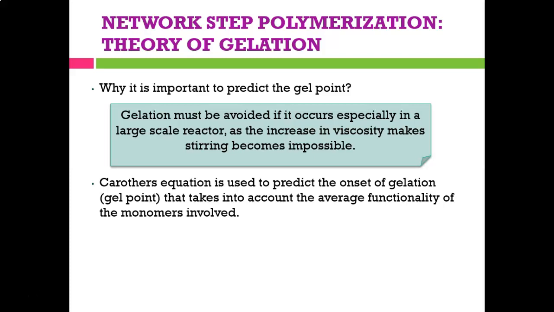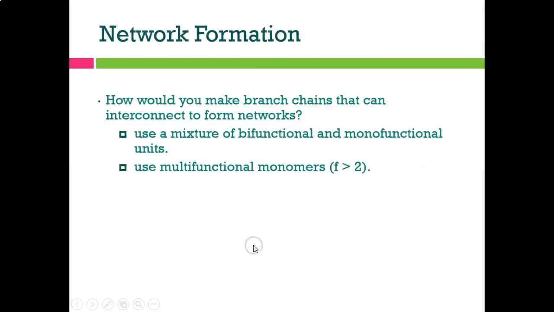As the viscosity increases, it will make the stirring impossible. And the Carothers equation we use to predict the onset of gelation, which is the gel point, takes into account the average functionality of the monomers involved. Okay, for the network formation, how would you make a branched chain that can interconnect to form a network?